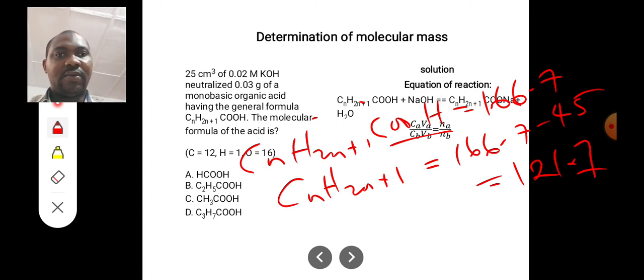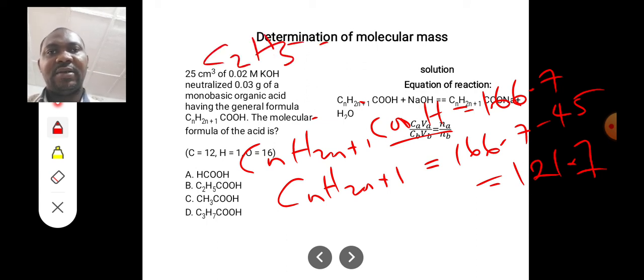Now 121.7. So let's look at which of the options it is. It cannot be A, of course. It cannot be B. C is just CH3. It cannot be C. C2H5 means 12 times 2 plus 5 times 1.